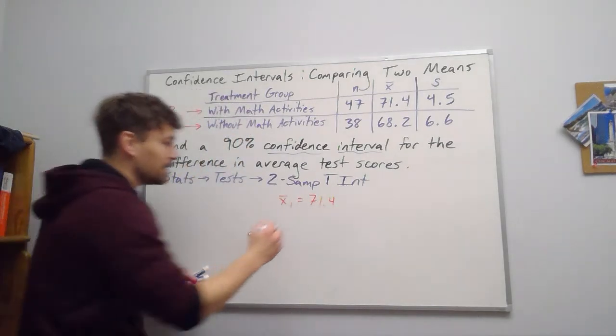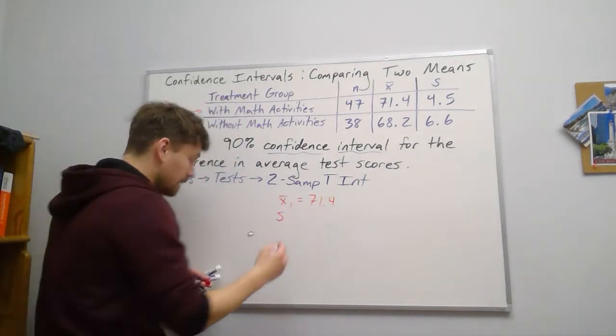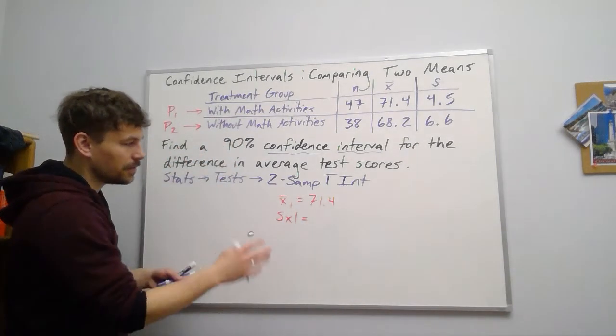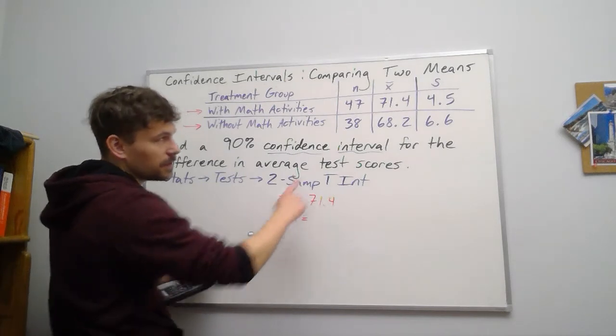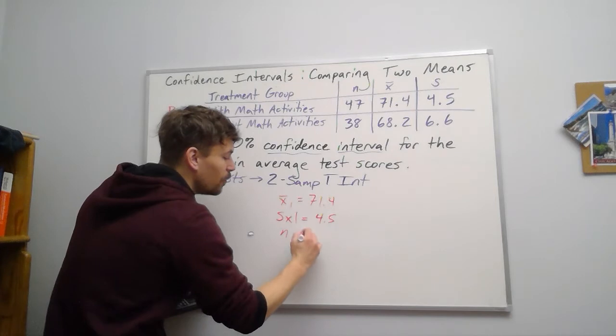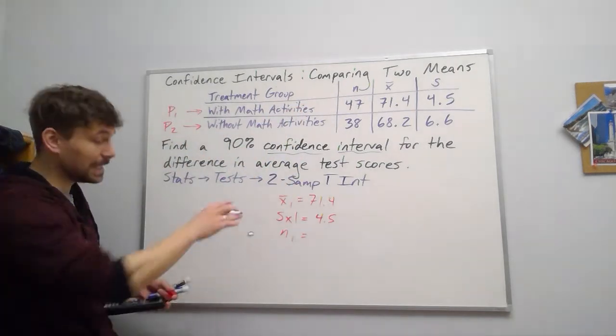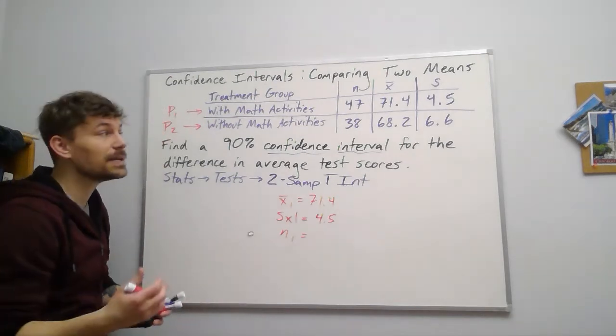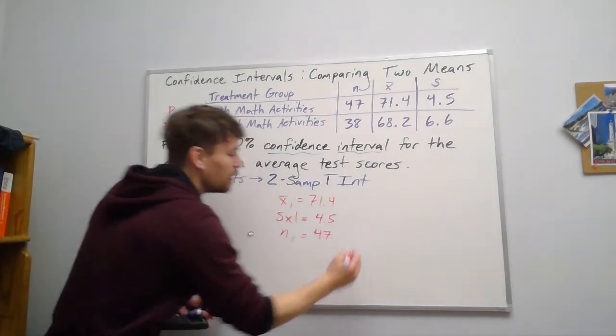The next thing it asks for is SX1. Again, this notation's not great, but it's close. We know what we're looking for, so that's 4.5. And then N1, which was first in our table, but is last in our actual function here, that's going to be 47.